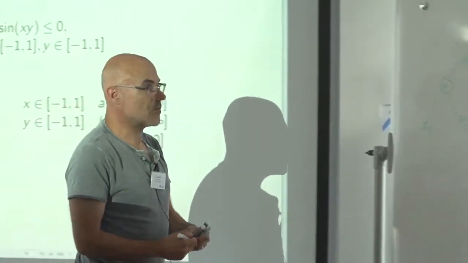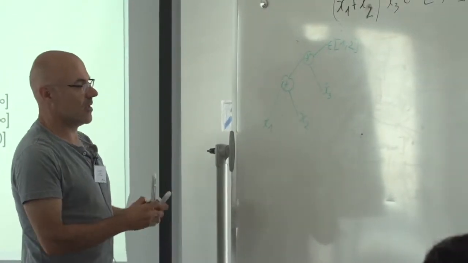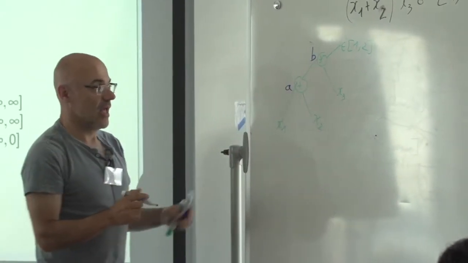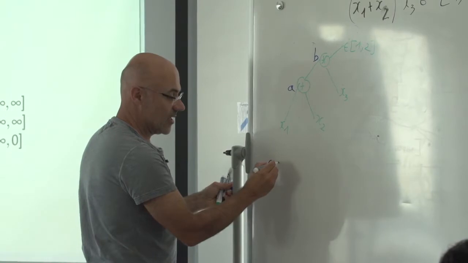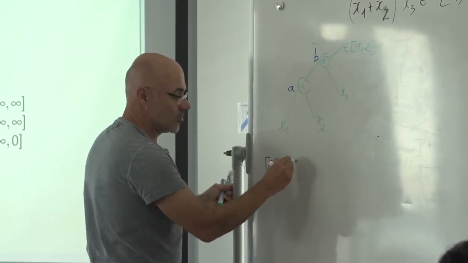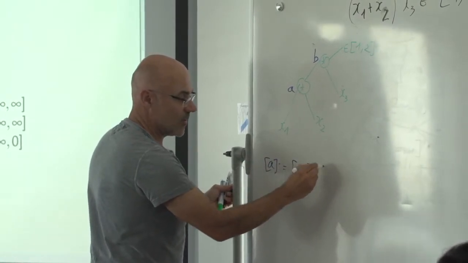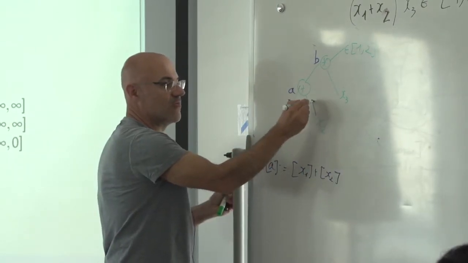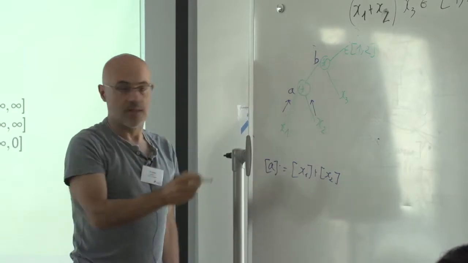Then, of course, I will introduce variable A, variable B. The domain for A is equal to the domain for x1 plus the domain for x2. So I will compute, propagate the information upward. I am here.